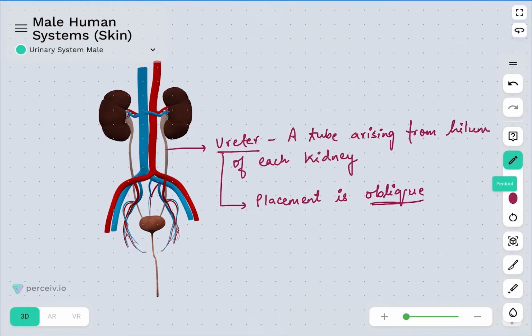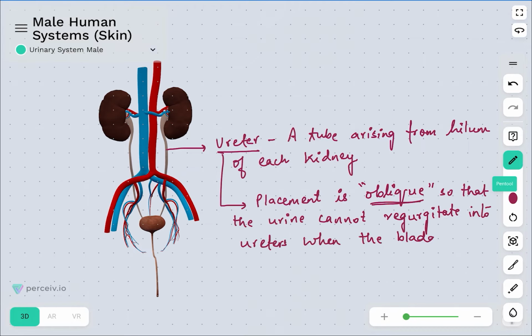That means the process of reverse peristalsis cannot occur. That's why their placement is oblique, since they have a direct connection with the urinary bladder.